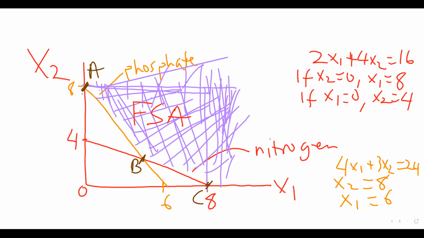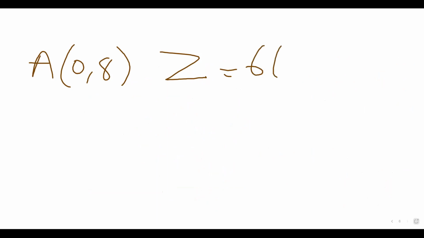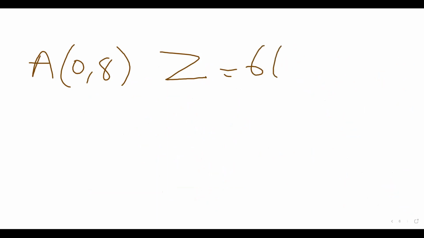So at point A, we have 0 and then 8. Our z value will be 6x1, which is 0, plus 3x2, which is 8.